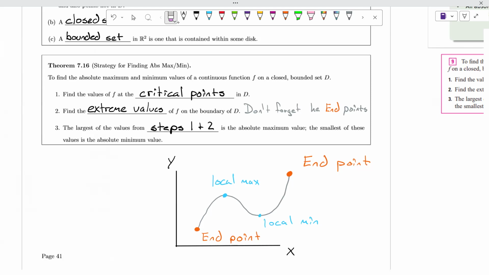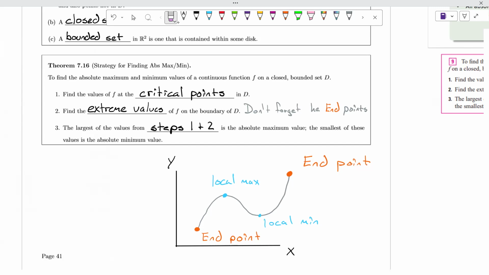But now it's a curve, so it should only have one parameter, meaning it's back to just a regular Calc 1 type problem. And then that boundary should also have some end values, some kind of boundary points that we're still going to have to check. So really, these absolute maximum and minimum problems are going to contain an old Calc 1 problem, but also have extra steps on top of it.